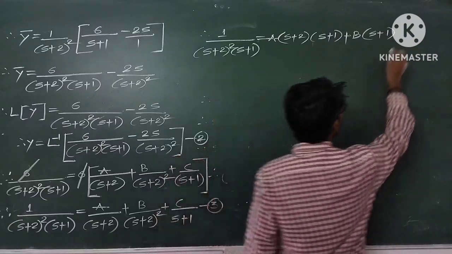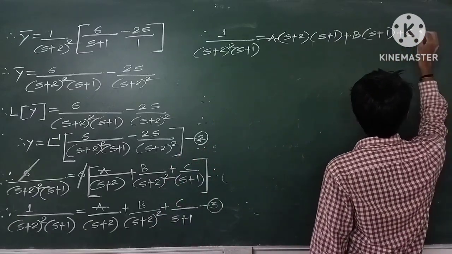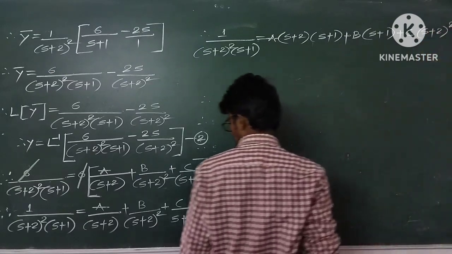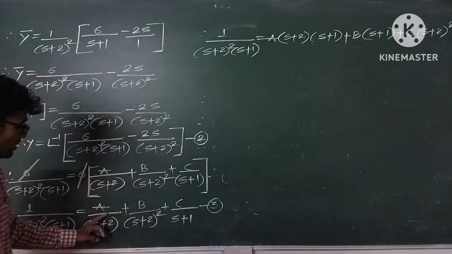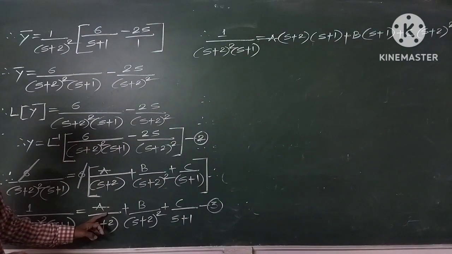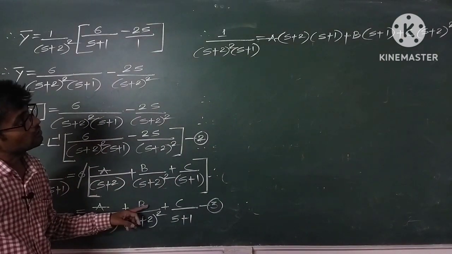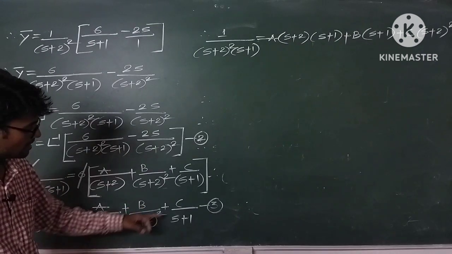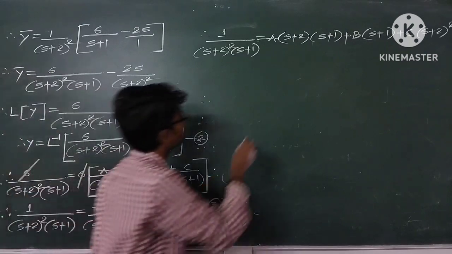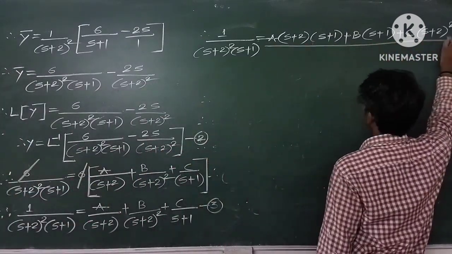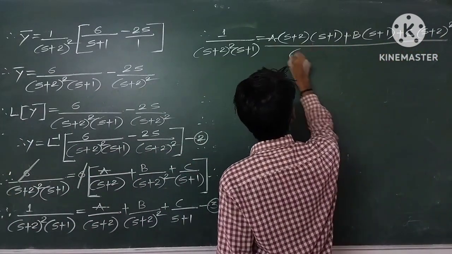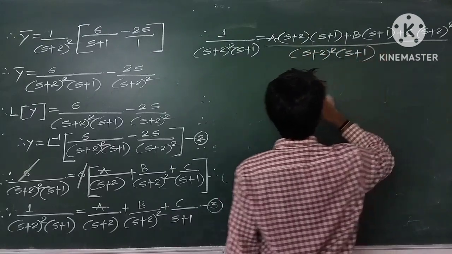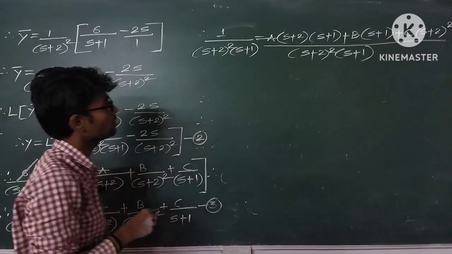Next you write plus C into (s plus 2) whole square. See, A into, I have written, (s plus 2) into (s plus 1). Next B, yes, we are multiplying (s plus 1) into this one as well, and C divided by (s plus 2) whole square. Next you write divided by (s plus 2) whole square into (s plus 1).